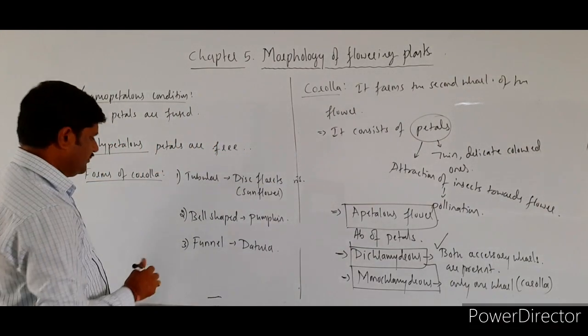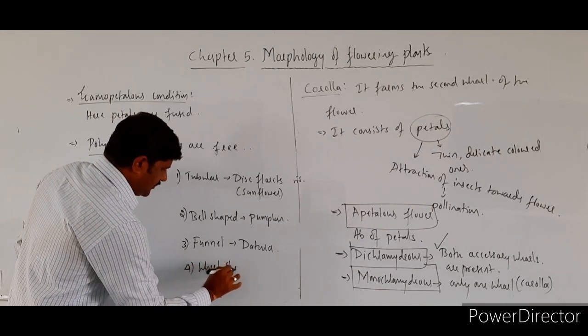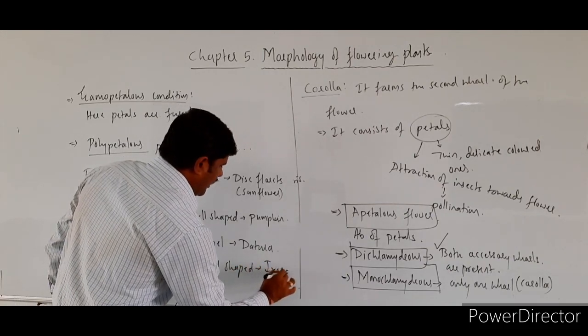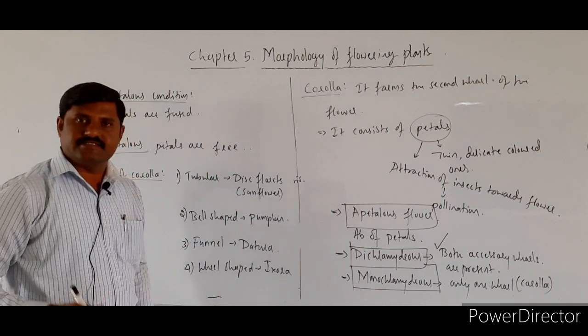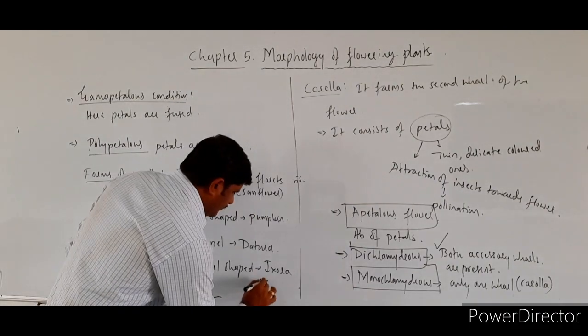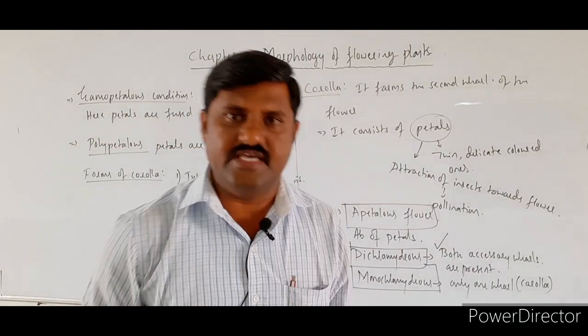And the fourth one is wheel-shaped. Wheel-shaped corolla that you come across in ixora, and sometimes in Vinca rosea, or periwinkle.